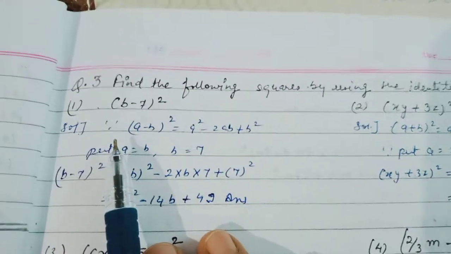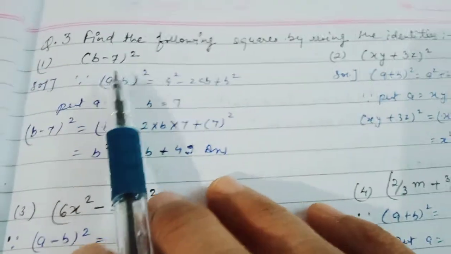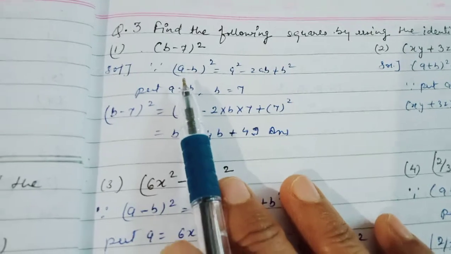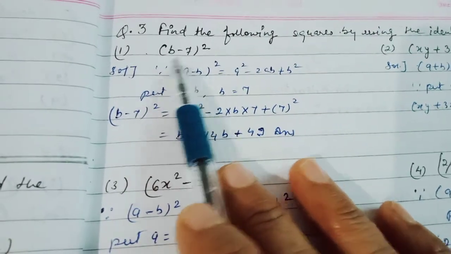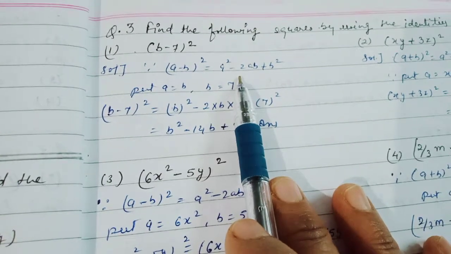Now question number 3. Question number 3 is: find the following square by using the identity. It is (b minus 7) whole square. In question number 1, we solve these questions. Use the a minus b whole square is equal to a square minus 2ab plus b square identity.